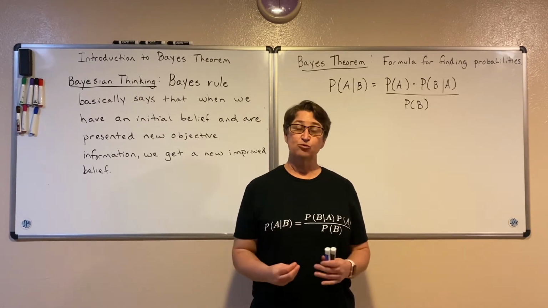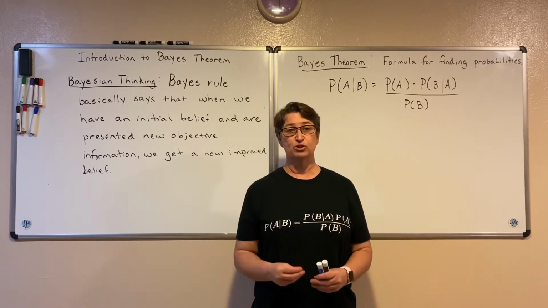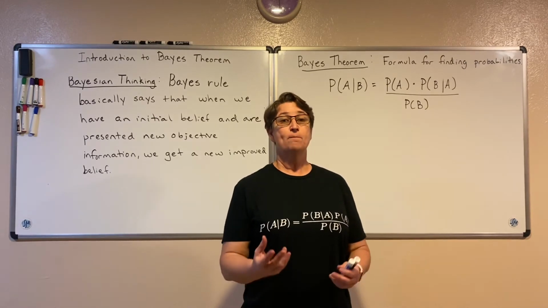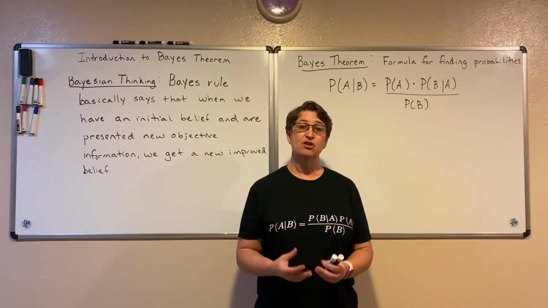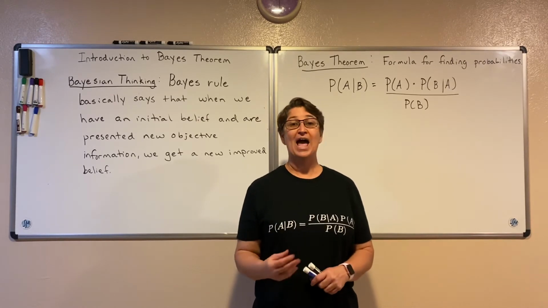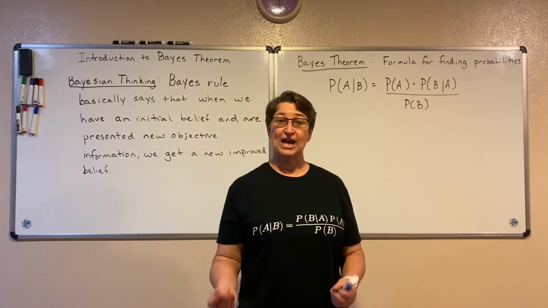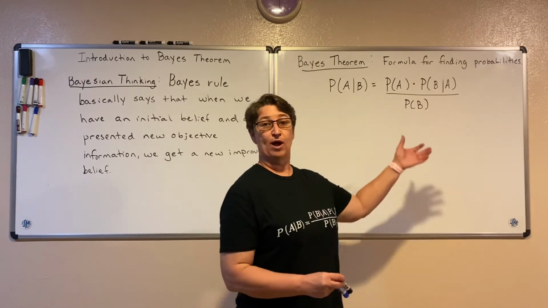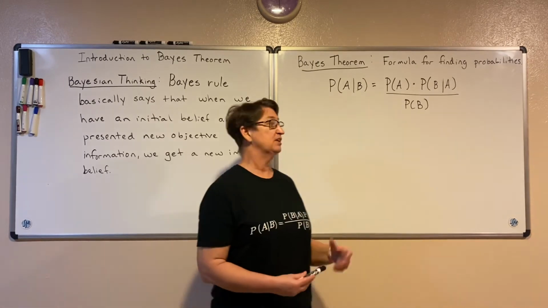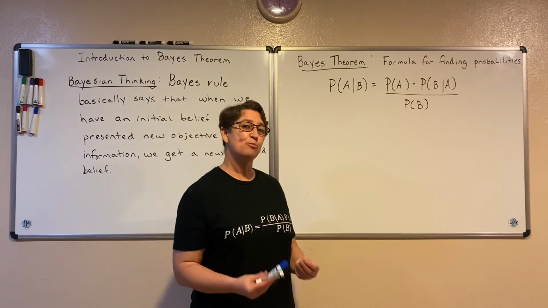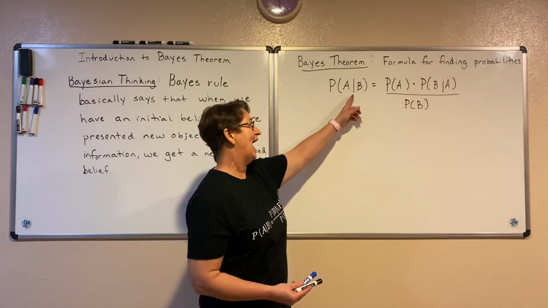Those test results were positive. Based upon that positive test, the probability that I had breast cancer changed. And that's exactly what Bayes' theorem shows us: it helps us to find those new probabilities once we have that new information.